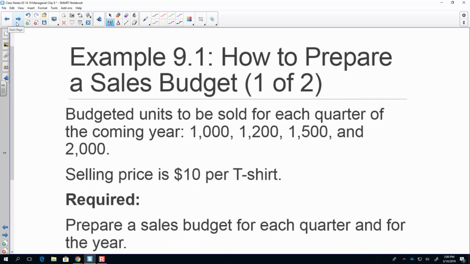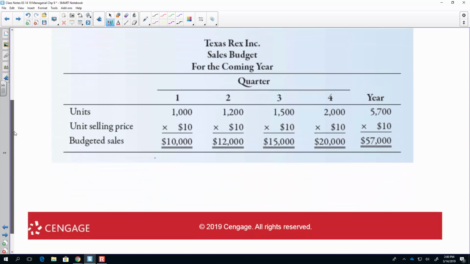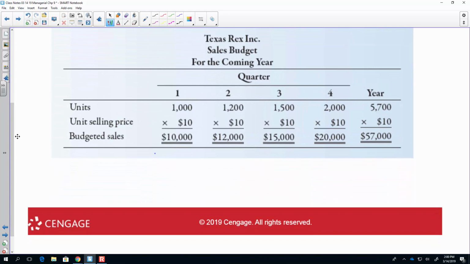So the example that we're selling t-shirts here, really simple. But I want to point out a couple things here. First off, this is a quarterly budget for the year. And I like this format.